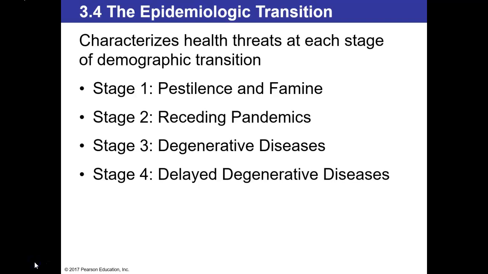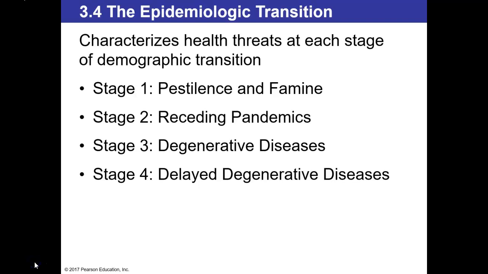Stage 3 is characterized by degenerative diseases. Stage 3 of the epidemiologic transition is characterized by a decrease in deaths from infectious diseases, but an increase in chronic disorders that are associated with aging. These kinds of diseases would include heart attacks or different forms of cancer.